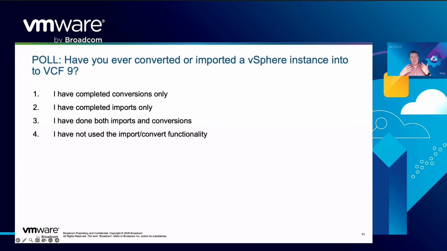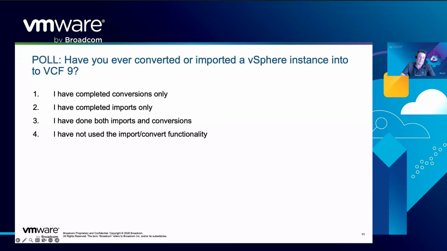Hey, Jonathan, you've introduced two concepts, converging and importing. Is there an advantage of one over the other, or is that a fair comparison? Not really a fair comparison, but they are two completely separate things that would be used for different purposes. If you don't have any SDDC Manager, you have no VCF deployed, then you have to use a converge. You can't really use an import.